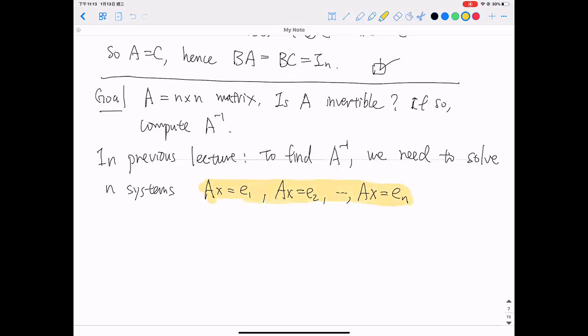Now let's think about this. As we've known already, we can certainly solve each of them using row operations, as we've seen before.